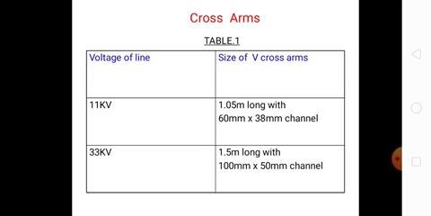If the voltage increases, that is 33 kV, the cross arm is 1.5 meter long with a 100 mm by 50 mm channel. So as the voltage increases, the length of the cross arm should increase.